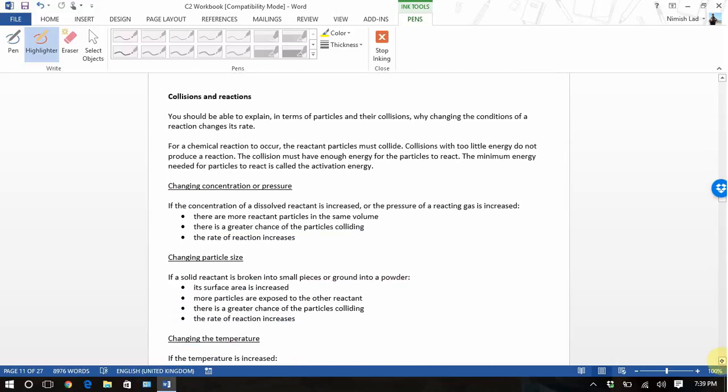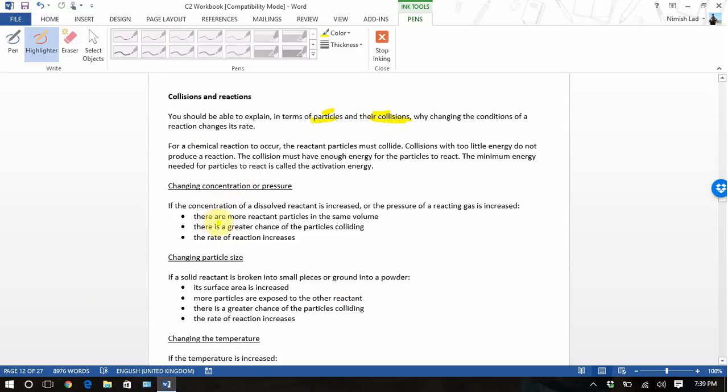All of this is summarized, the understanding of why the factors affect the rate of reaction is explained by this idea of collision theory. You've got to be able to explain what actually happens in these reactions in terms of particles and their collisions, and say why these changes in conditions lead to a faster rate of reaction.